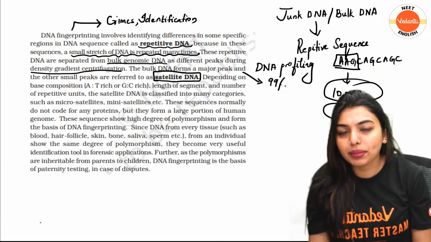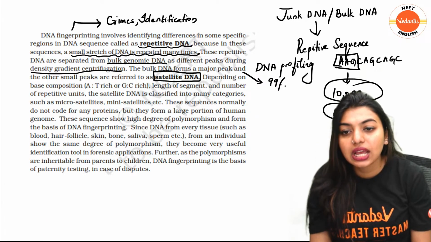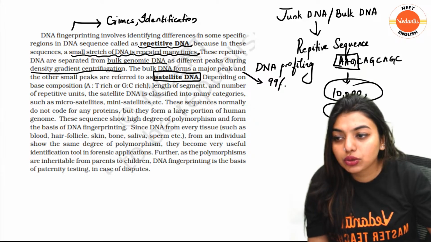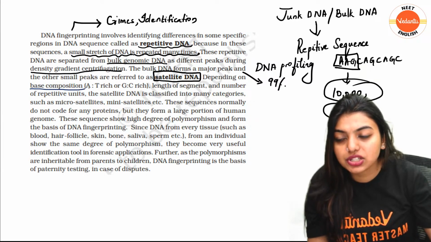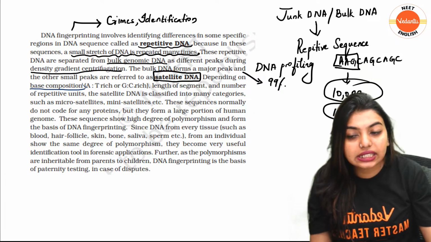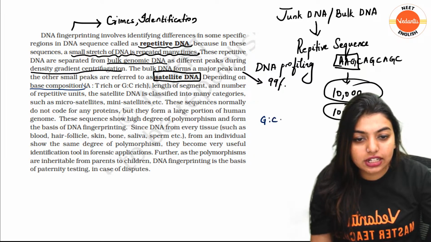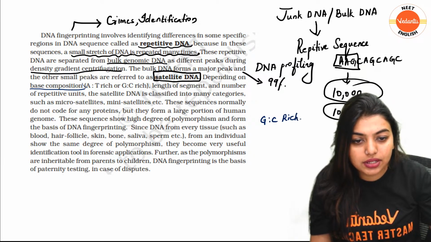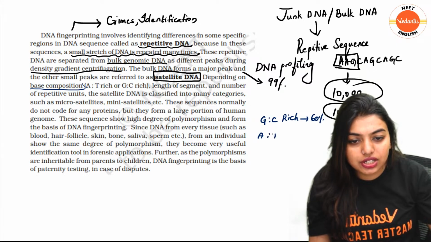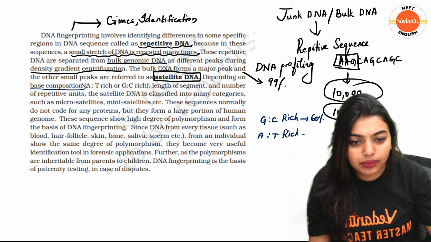Depending on the base composition, AT rich and GC rich, and the length of the segment. So what are we looking into? We are looking into the base composition: there are regions which are AT rich and regions which are GC rich. Usually GC rich regions are around 60% in our DNA and AT rich regions only 40%.